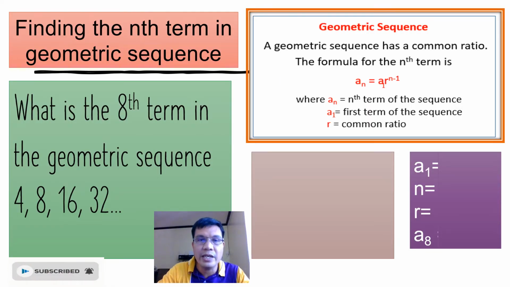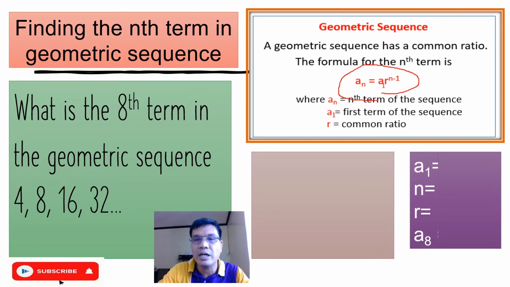Let us find the nth term in this geometric sequence. What is the 8th term in geometric sequence 4, 8, 16, and 32? So to get the nth term, we have to follow this formula. A sub n is equal to A sub 1 times ratio raised to n minus 1, wherein A sub 1 is 4.